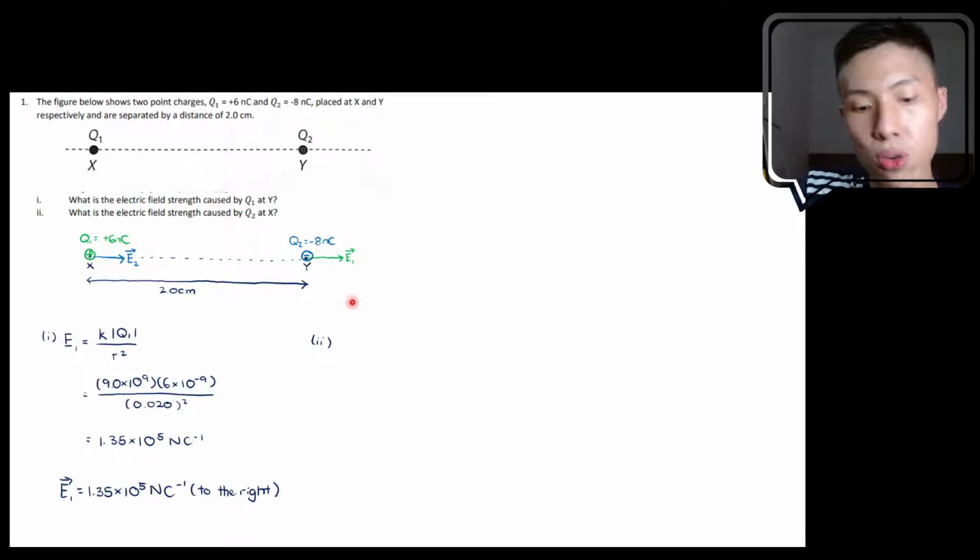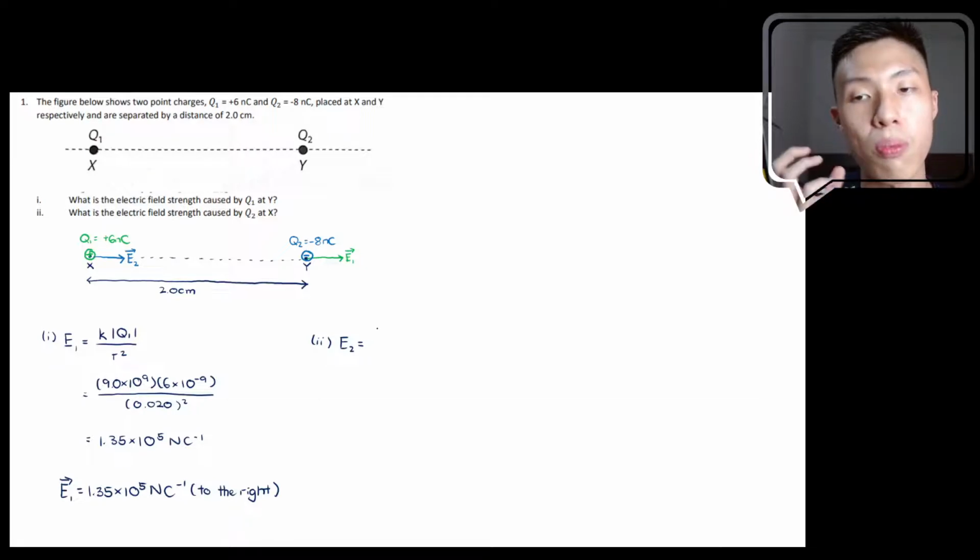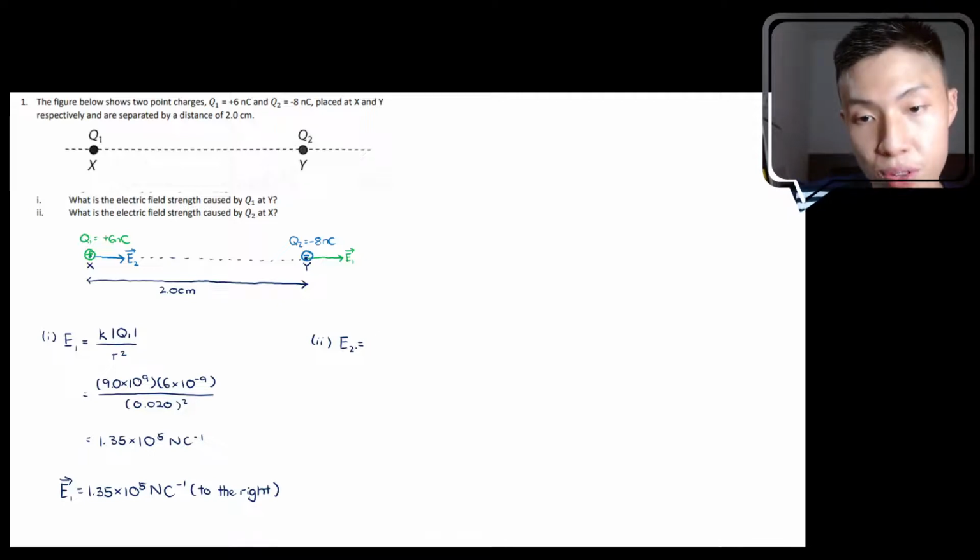So we label this as E2. This is the electric field strength produced by Q2. You can label it E2X also, at position X. If you want to label an X over here, that's fine as well.